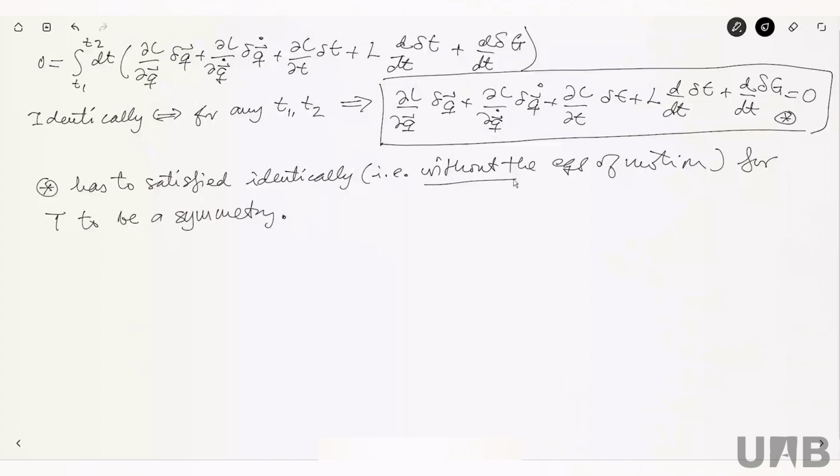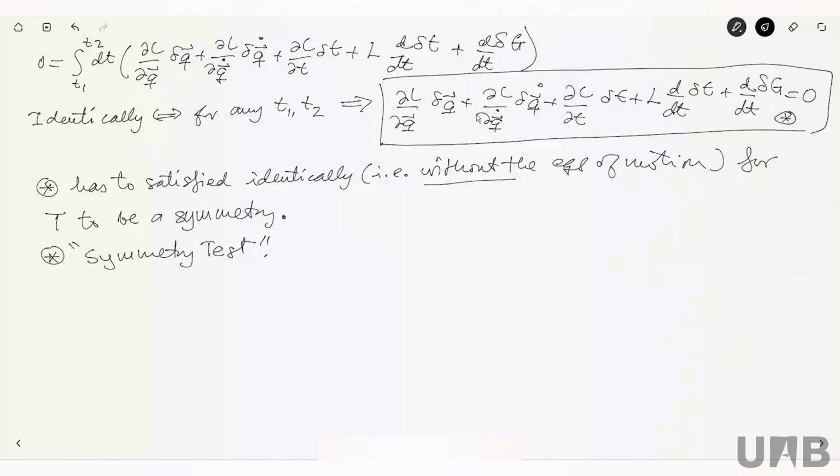So this condition is what is called a symmetry test. That means if this is true, T is a symmetry. If this is not true, T is not a symmetry, without using the equations of motion. Now, when we look at certain examples, we will recognize what this symmetry test is.